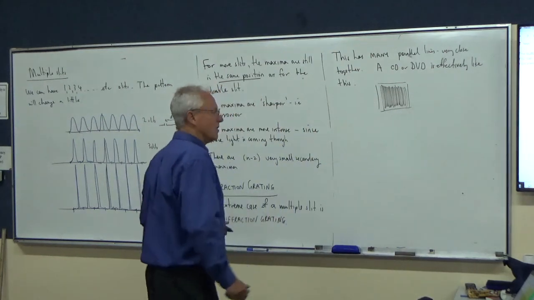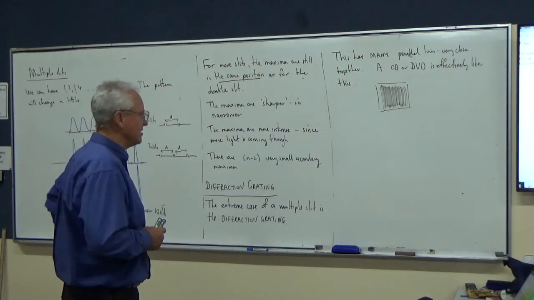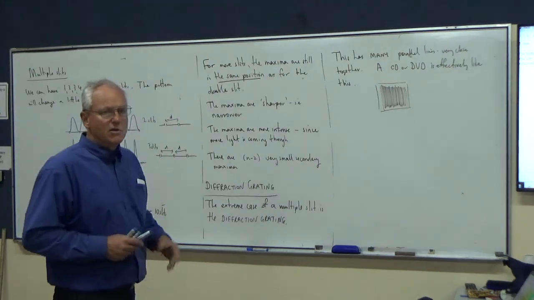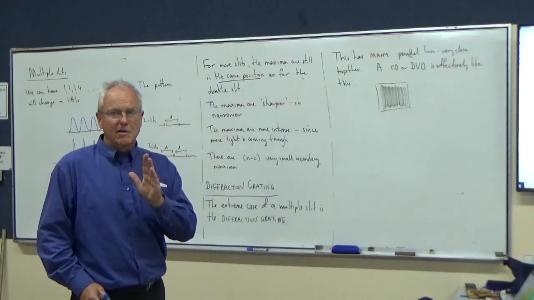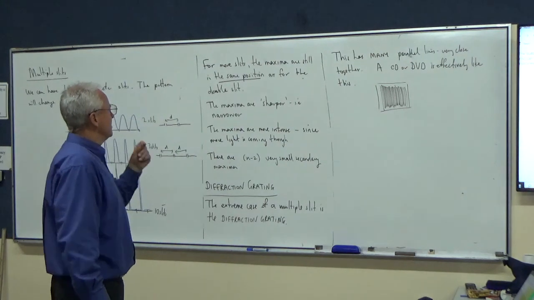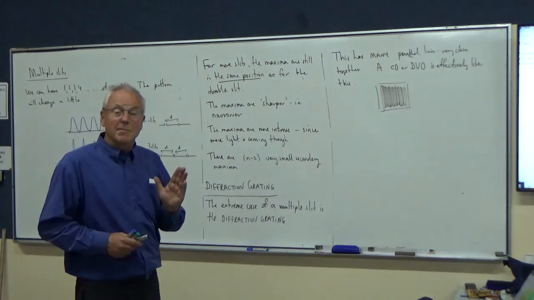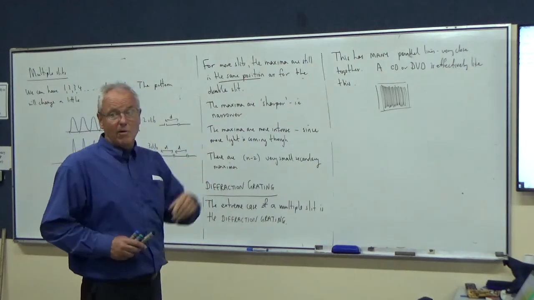So you've got a lot of lines together with the diffraction grating. In the extreme case of a multiple slit, you might have 1,000 lines altogether. So what we should get is that the maxima are really sharp, they're still in the same positions, and they're quite intense.